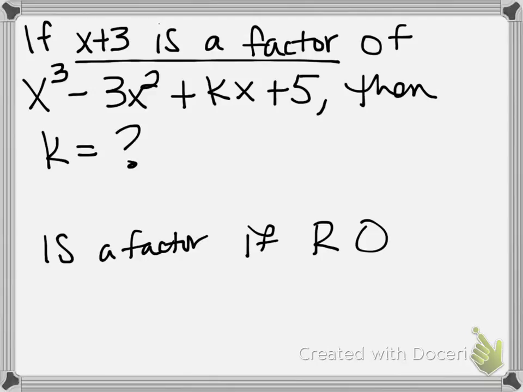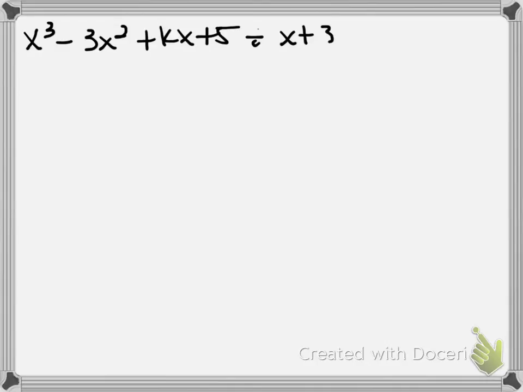So really what I have is x cubed minus 3x squared plus kx plus 5 divided by x plus 3. And we know that we have to have a remainder of 0 because we're told x plus 3 is a factor.